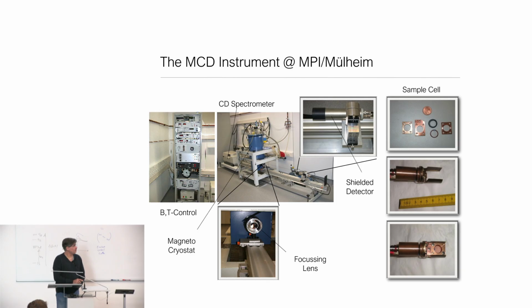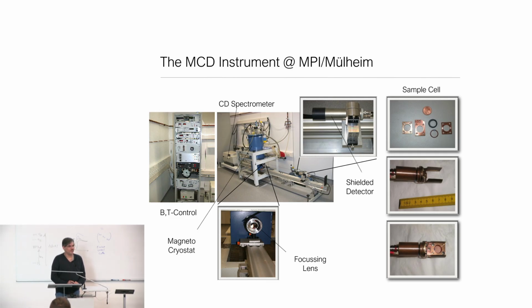And so if you don't isolate them, so you see the detector here is shielded by mu metal. If you don't isolate the detector and put some distance between the magnet and the modulator, all you're measuring is artifacts. And it still looks like a relatively simple experiment, but it really is not.